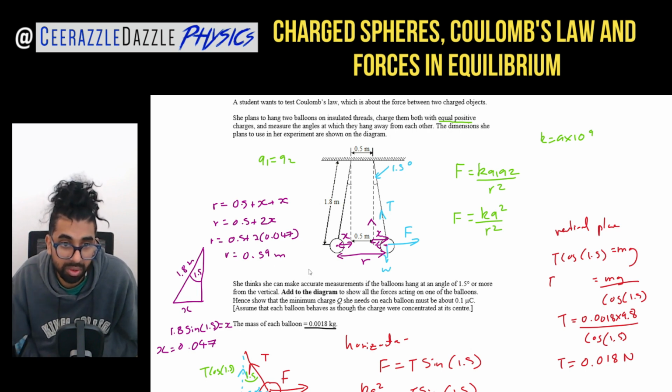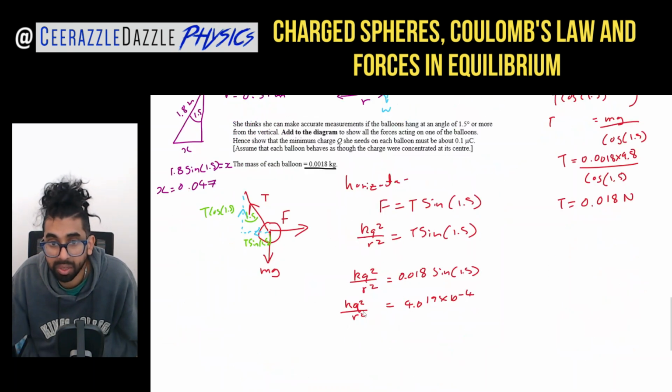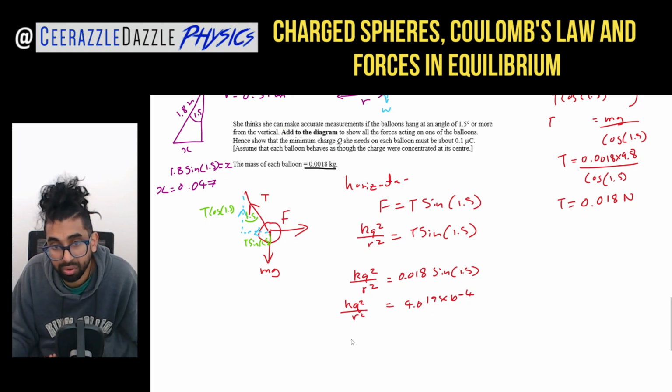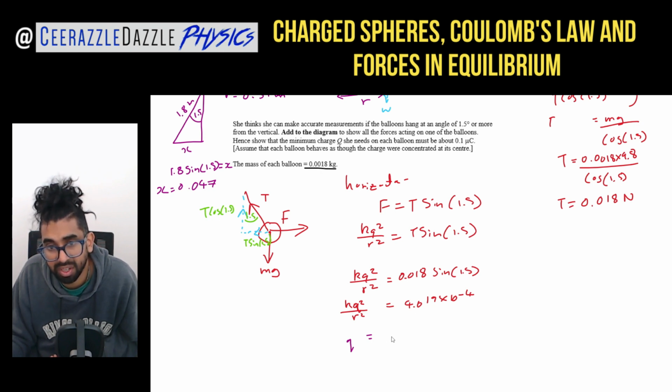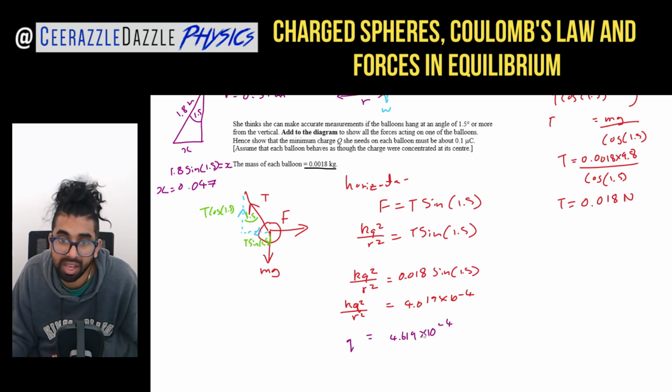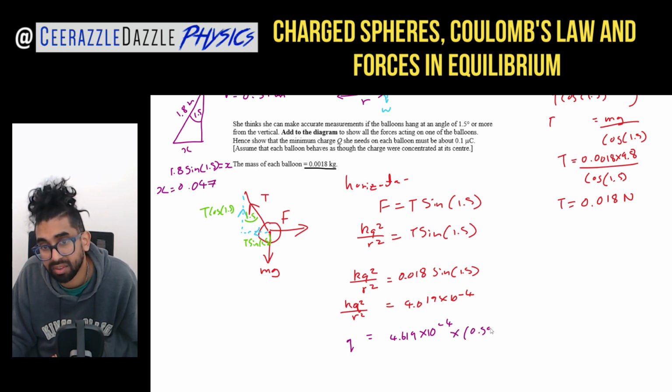Right, so now we've got the value of r, we can put it into this formula for the value of q. Rearranging this, q will be equal to this value, 4.619 times 10 to the minus 4, times r squared, where r squared is 0.59 squared, dividing that by the value of k, which we said was 9 times 10 to the power of 9.